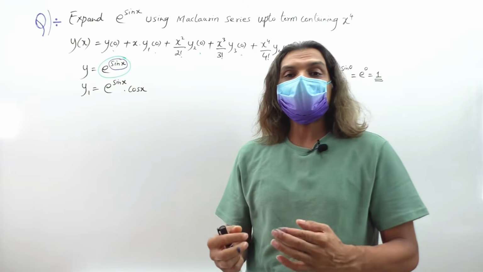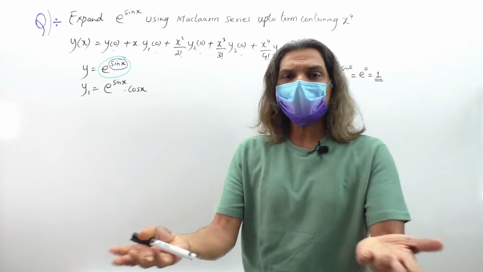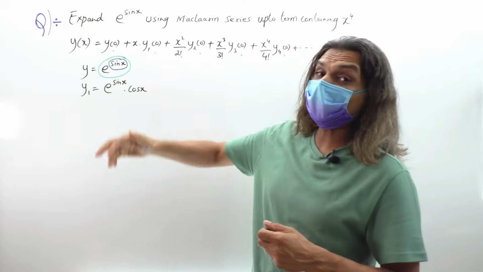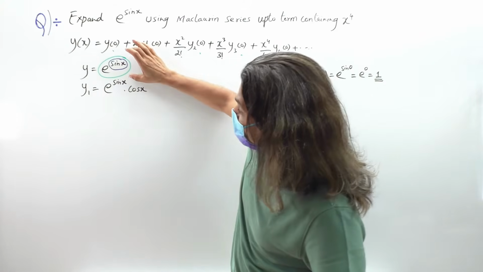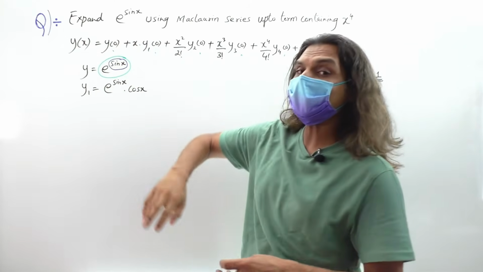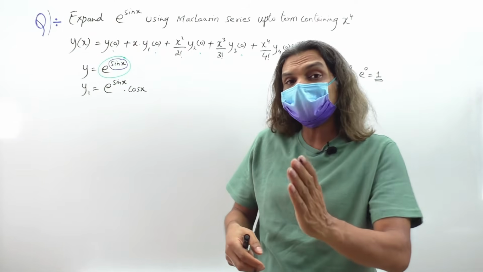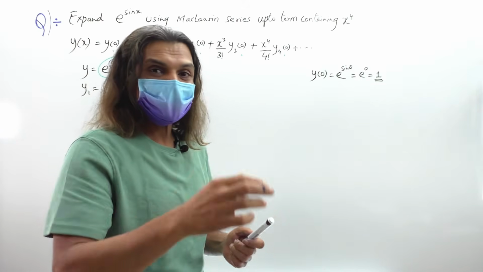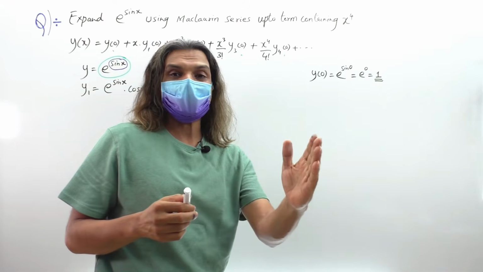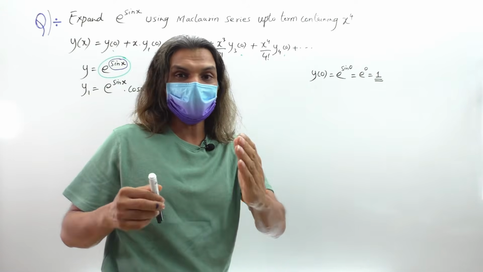So this makes the solution much easier, because differentiating e raised to sin x again will be a chain, and it will be very difficult to solve. But taking e raised to sin x equal to y here will be very easy, because differentiation of y is y1, y1 is y2, y2 is y3, and so on. Okay. So always search in the solution where you can make the substitution and make the solution further easier.